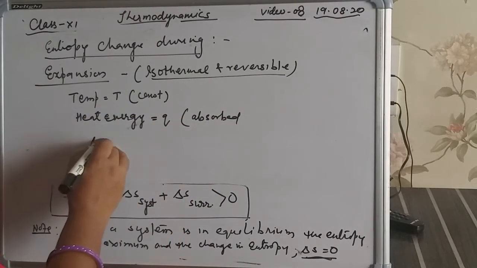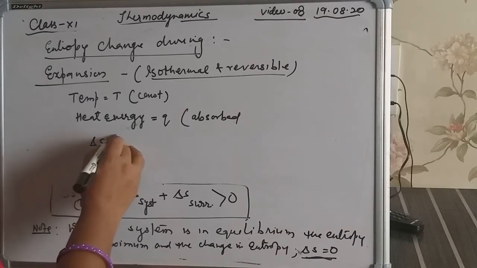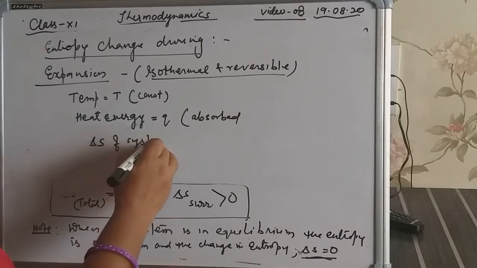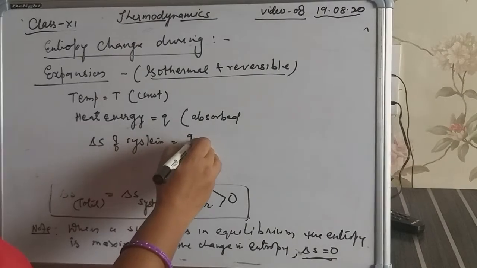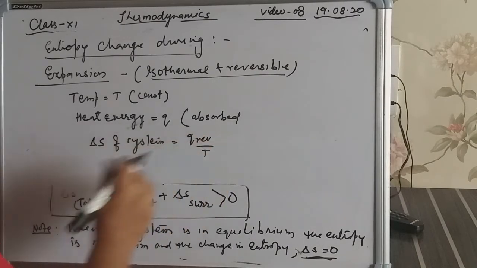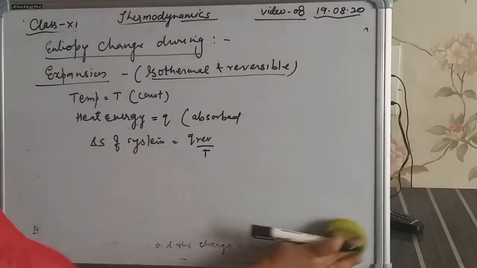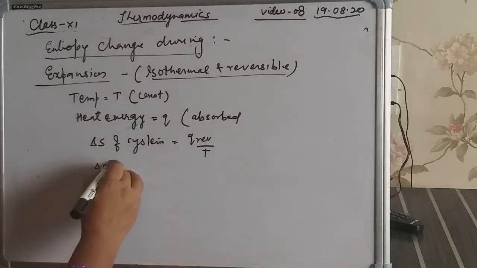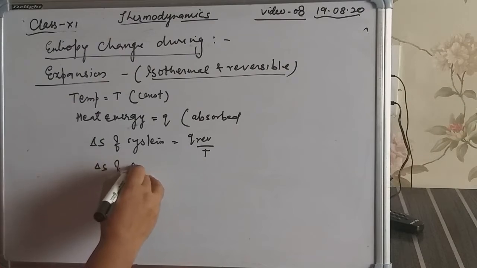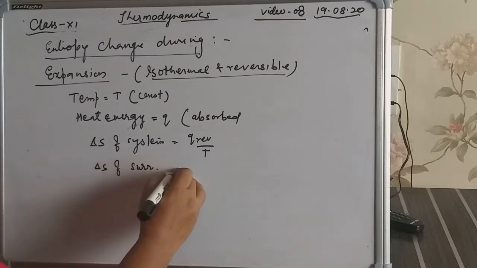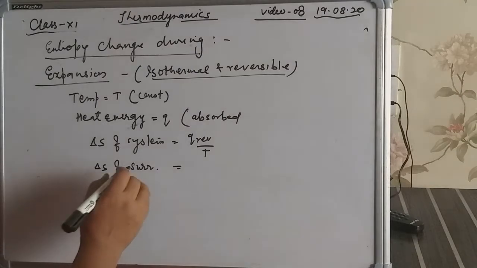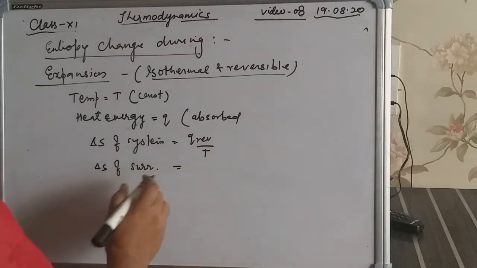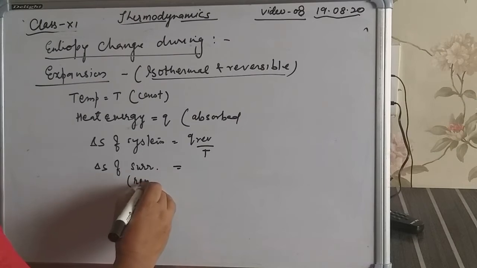So change in entropy of system becomes Q reversible by T, where T means temperature, and the change in entropy of surroundings is considered. We consider surroundings as a reservoir also.